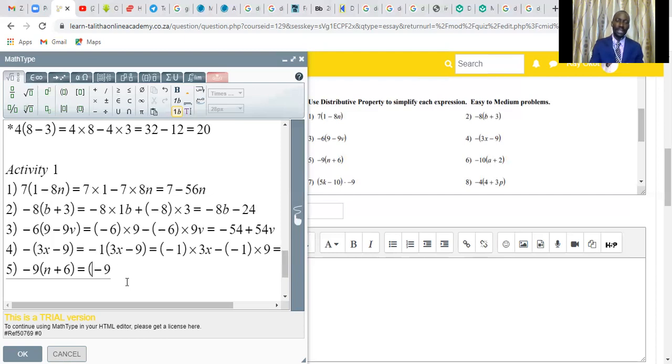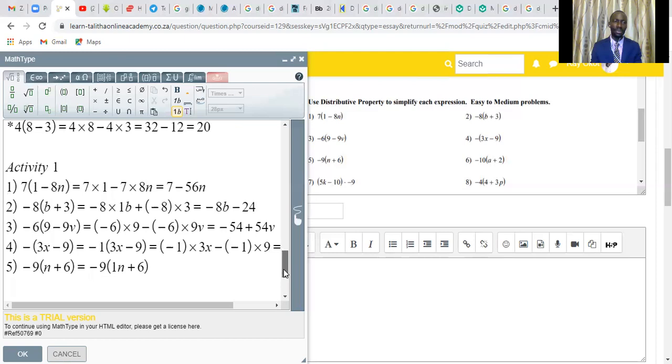Maybe before we distribute, let's first rewrite this question. I would like to write this one here as, okay, I would like to call this n, 1n, because there is only one value of n there that you can see for yourself.